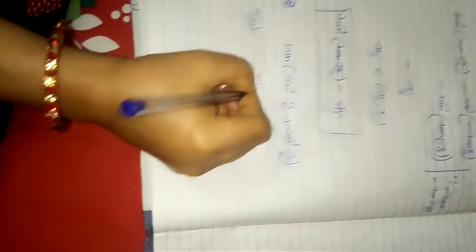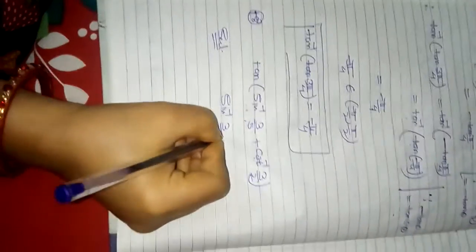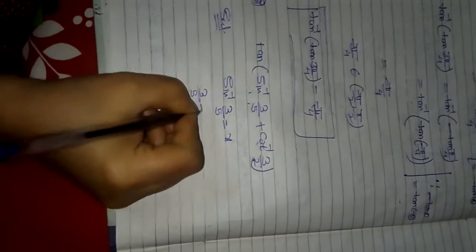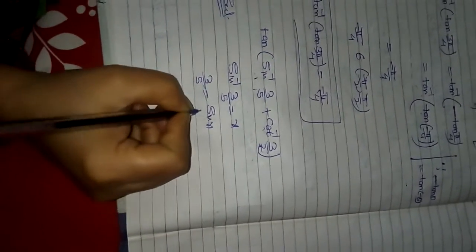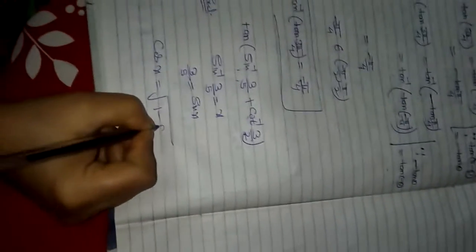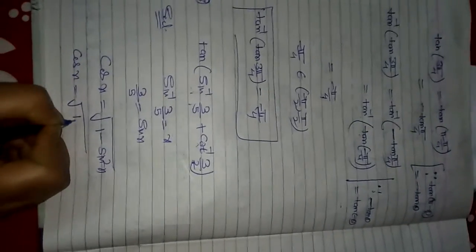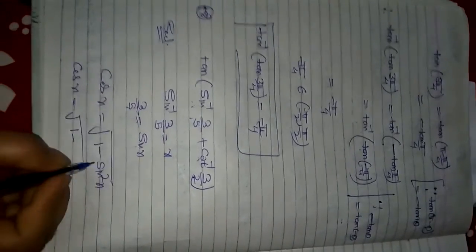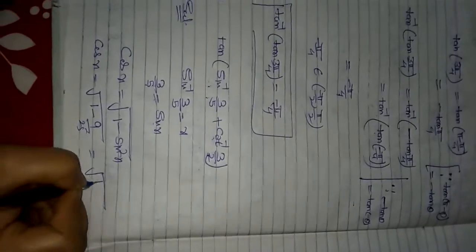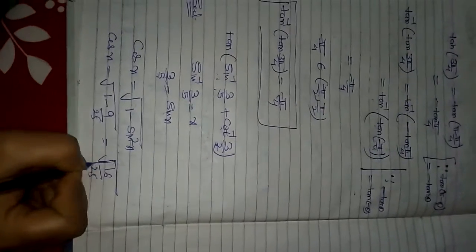Let sine inverse 3 by 5 equal x, then 3 by 5 equals sin x. We know cos x is root of 1 minus sine square x. So cos x is root of 1 minus 9 by 25. After solving, it will come root of 16 upon 25. So cos x will come 4 upon 5.